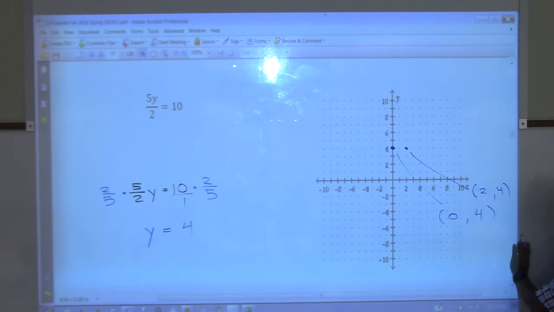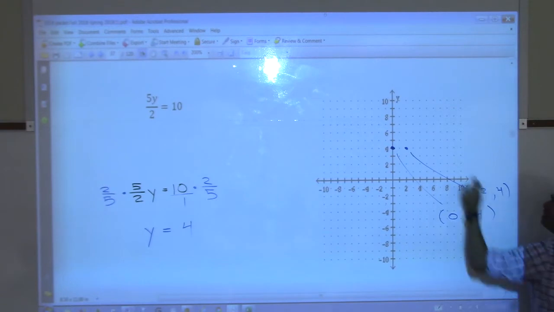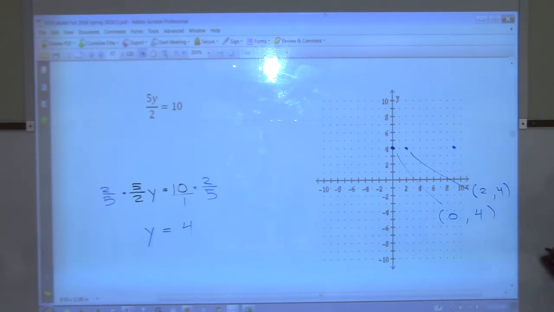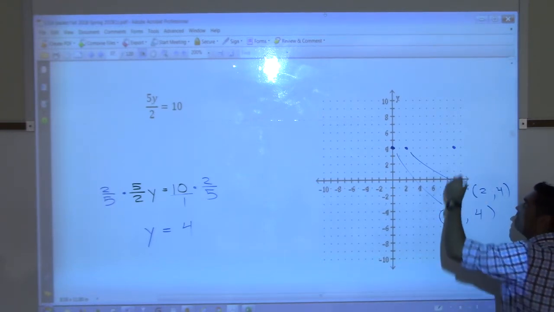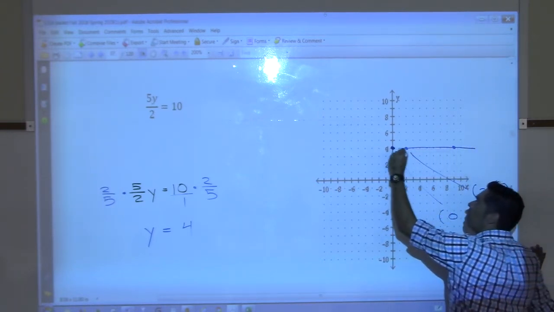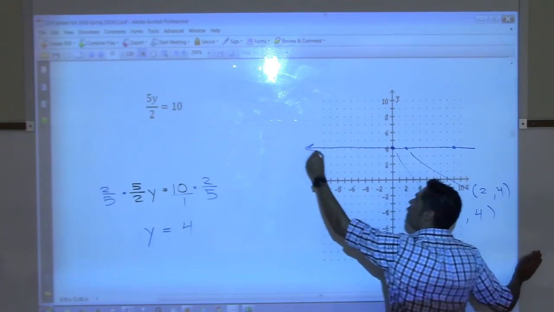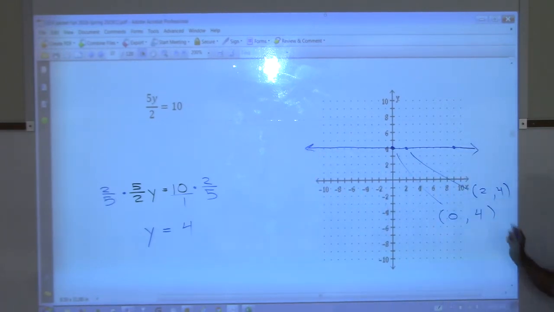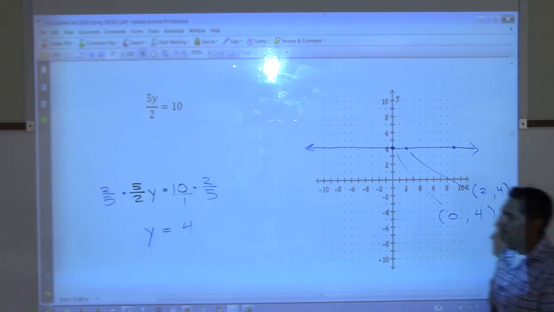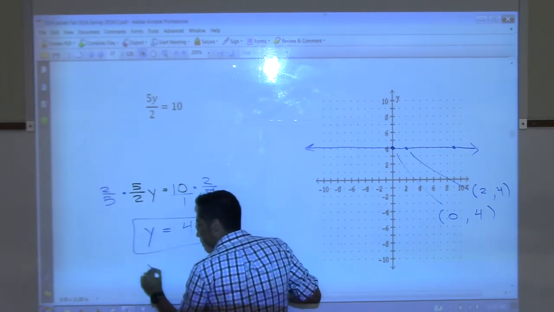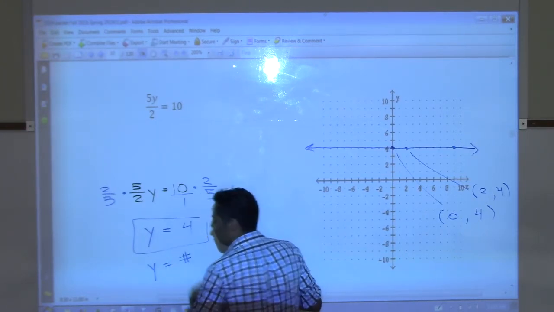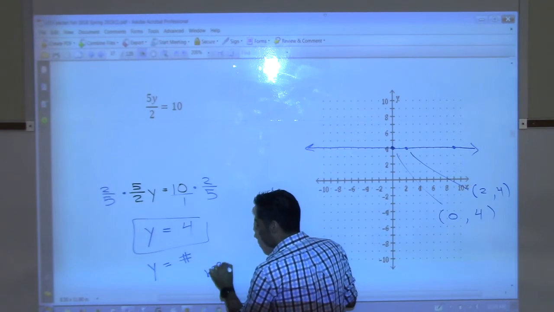So is y 4 there? Yes. What if I pick this point right here? Is the y 4 there? So it doesn't matter what the x is. All that matters is that the y is 4. So every point on that horizontal line satisfies that equation. And so when you see an equation where y is equal to a number, you are looking at a horizontal line.